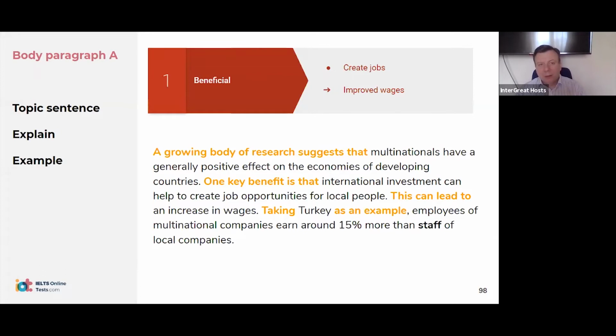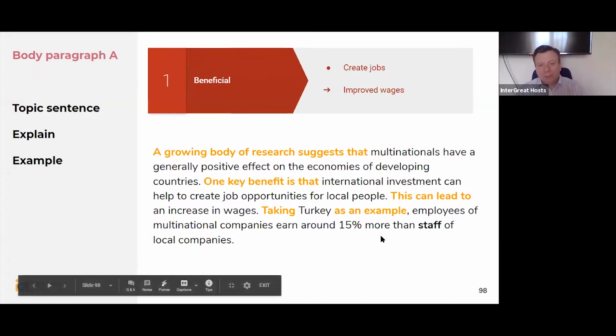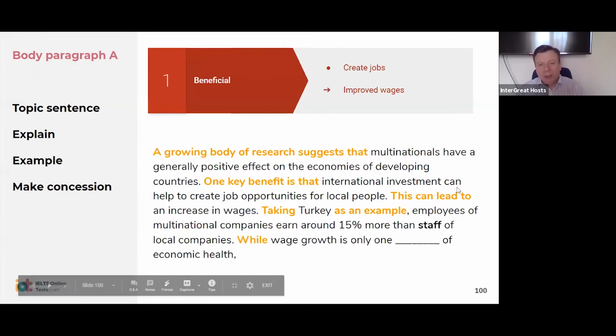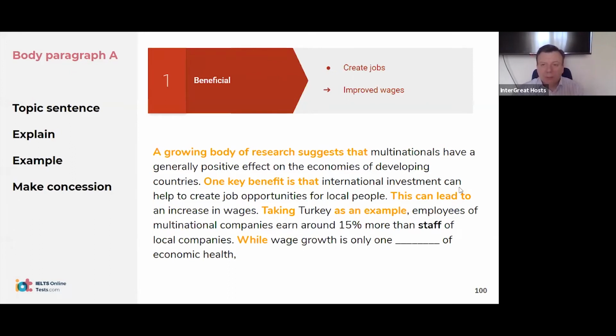Yeah, that would work. Now here's our concession. While wage growth is only one something of economic health, so it's only one. Okay. Neo, good. Anton, good.